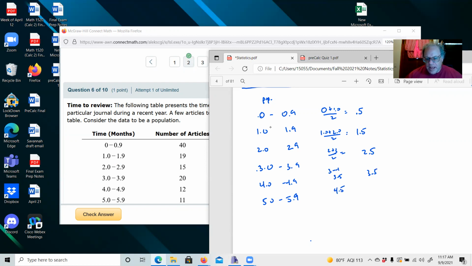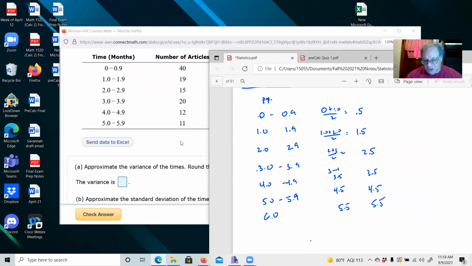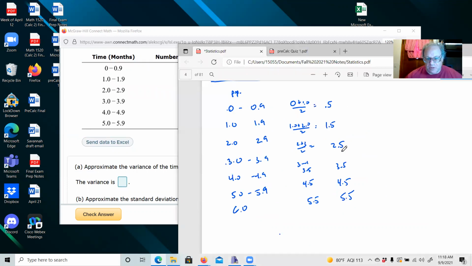And we have 4 to 5. I think what we're going to do is just assume that could have been a 6. So we're just going to say this is 5. So it's 4.5. So that's the value we're going to use for these articles.